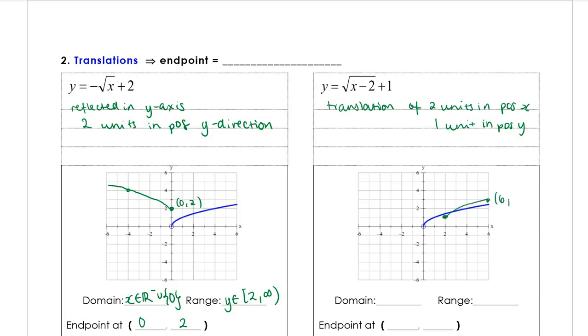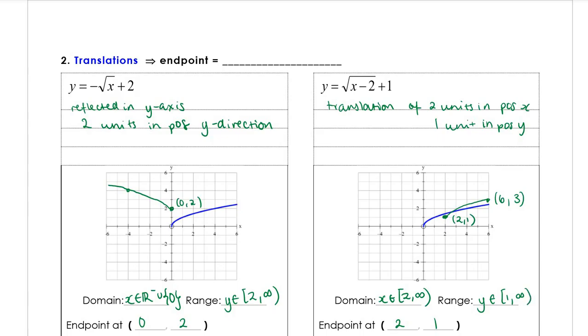So now this one's going to become (6, 3) instead of (4, 2), and this endpoint here is going to occur at (2, 1). So our domain is going to be from 2 to infinity, and our range is going to be from 1 through to infinity.